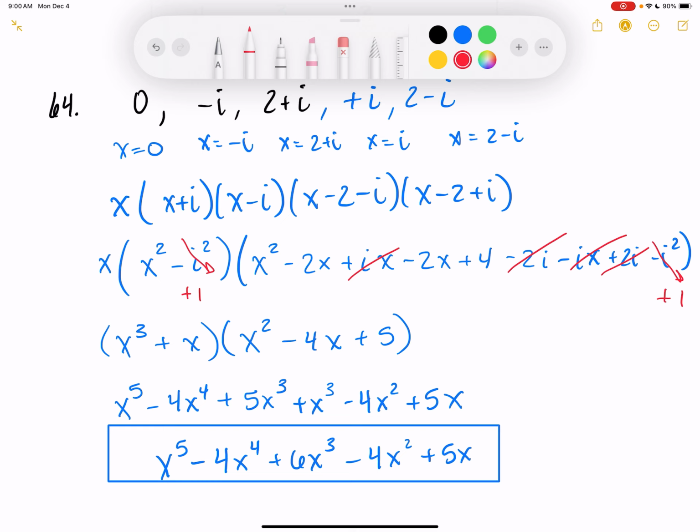We got an answer. Anyone want to share the answer they got?